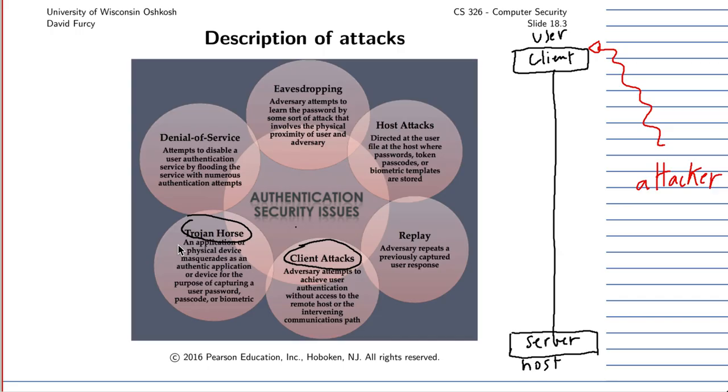In particular, the Trojan horse looks like the original authentication system, but actually involves stealing the data input by the user. So such a system would be like a fake ATM keyboard that's put on top of the original one, or maybe a keylogger that's inserted on the client side to steal the user's input characters, say in their password.